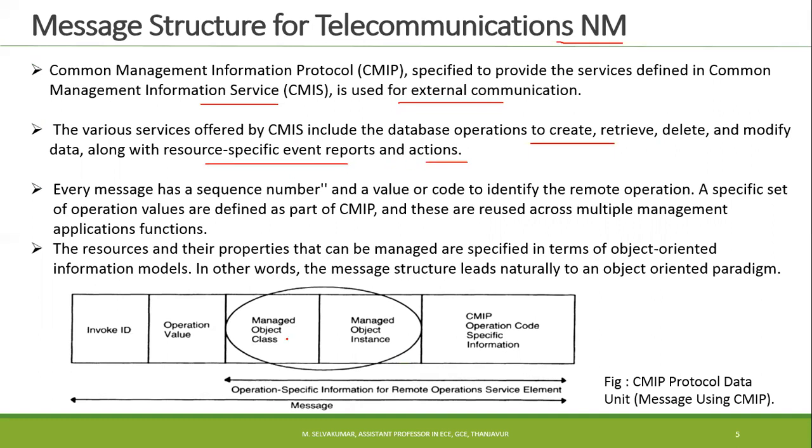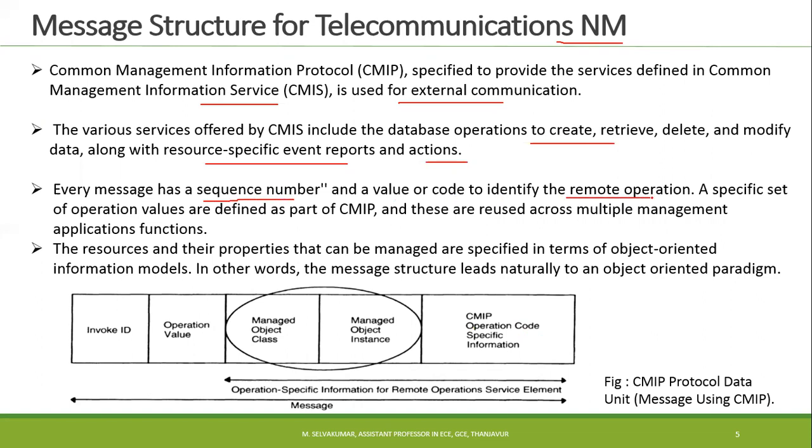As already discussed in the second unit, every message in CMISE carries an invoke ID and an operation value, the managed object class or managed object instance, and the specific operation to be performed in the remote system.